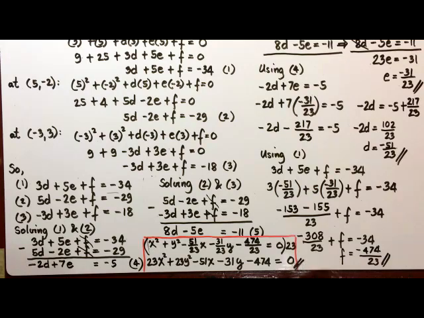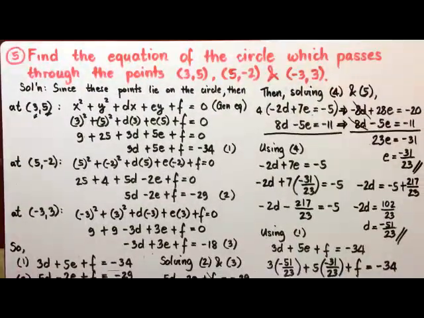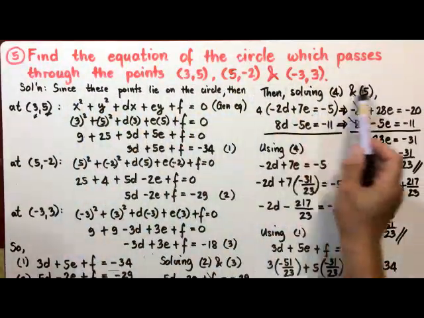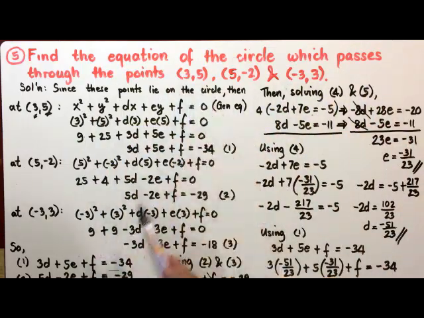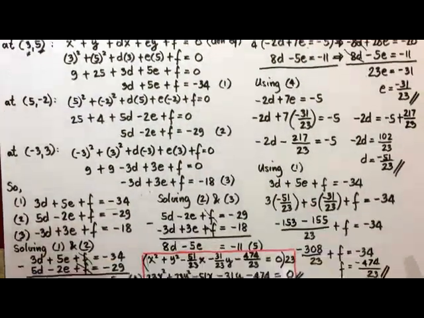And this is the required general equation of the circle for this problem. A circle that passes through these 3 points, (3, 5), (5, -2), and (-3, 3). And the general equation is this.